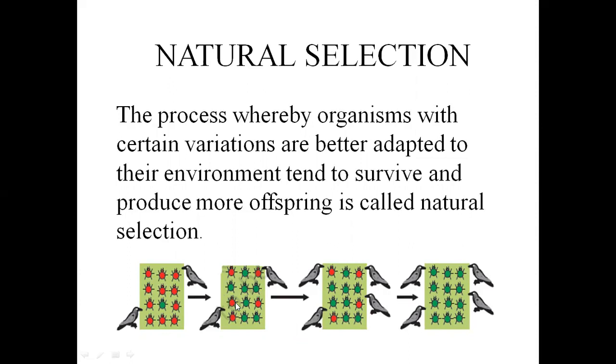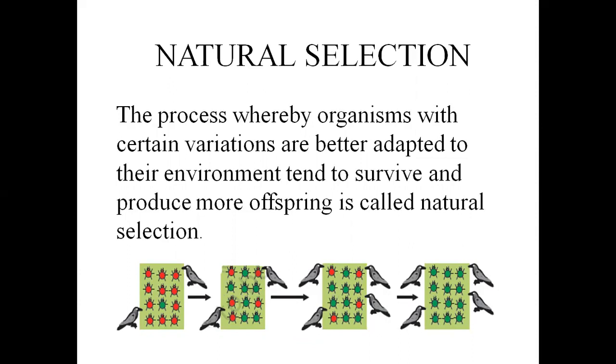This is because the green color is giving a survival advantage to the beetles. So after a few generations, the population has more green beetles than red ones. This process is called natural selection.